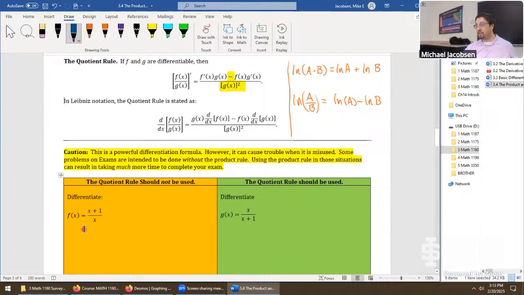So the difference on this one is you can expand this. Well, expanding just means divide all the terms by x. So we get x divided by x plus 1 divided by x. Simplify the first term to a 1.